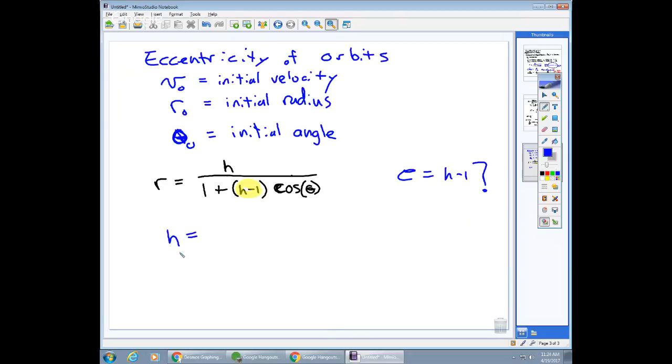And based on the idea of Newton's law of gravitation, that the force between two objects is inversely proportional to the distance they are apart, and then the product of their masses is in there also. And so h is going to be equal to the initial distance of the object from what it's orbiting times the initial velocity squared. So we got some kinetic energy thing going on there, divided by the universal gravity constant G times the mass of the object we're orbiting.